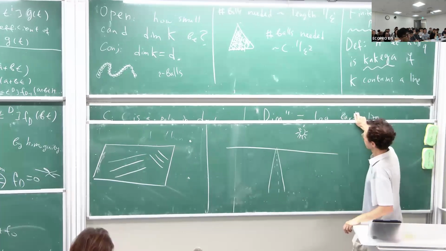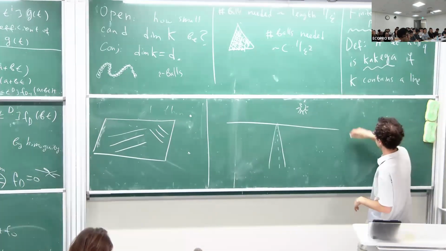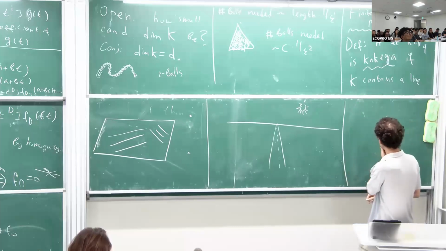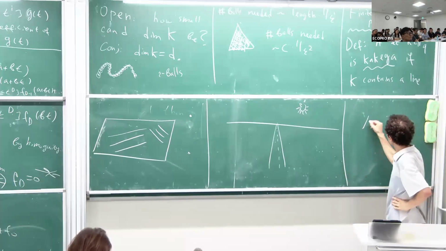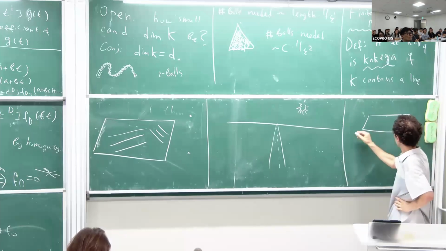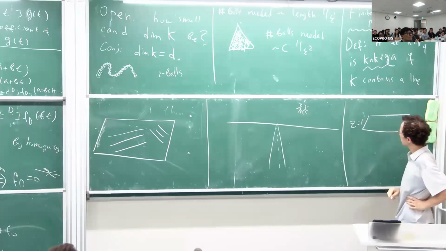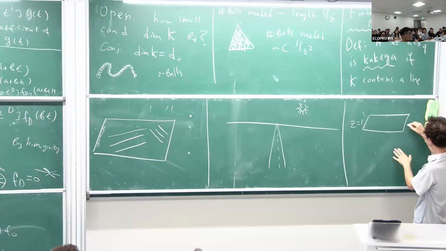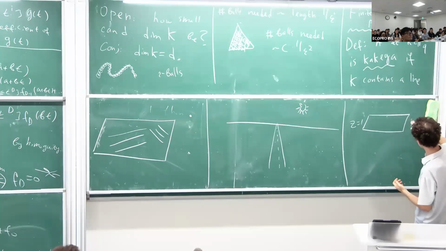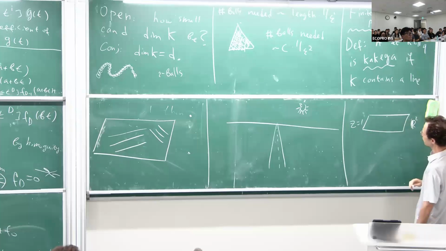Algebraically, it's easier to describe. You can think of the usual plane as living inside the plane z equals 1 inside three-dimensional space. This is a copy of R2 inside R3.